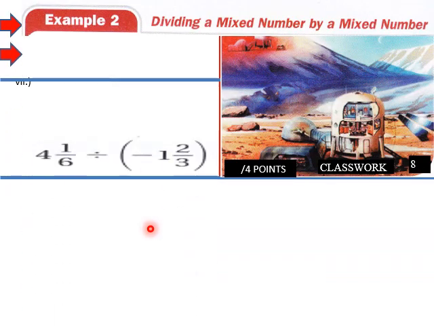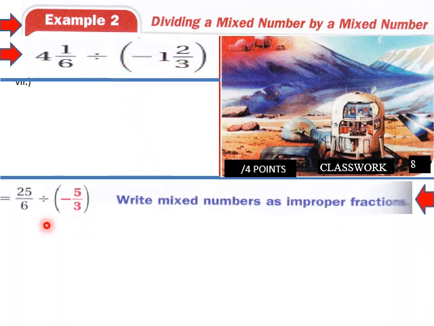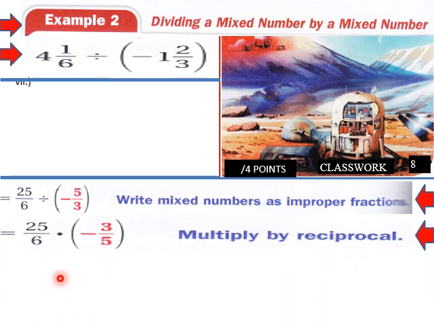Students, we go into example 2 here. 4 1/6 divided by negative 1 2/3. What do we do? The first step is to change these into improper fractions. 25 over 6 divided by negative 5 over 3. 1 times 3 plus 2 is negative 5 over 3. And then we do our multiplication.